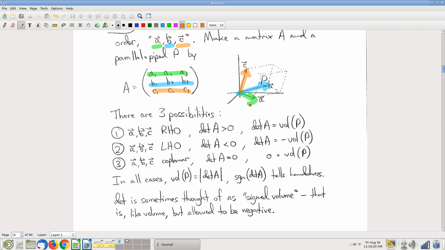And the amazing result is that the determinant's absolute value tells you the volume of that parallelepiped, and the sign, plus or minus, tells you handedness, namely right-hand order, left-hand order, or neither.